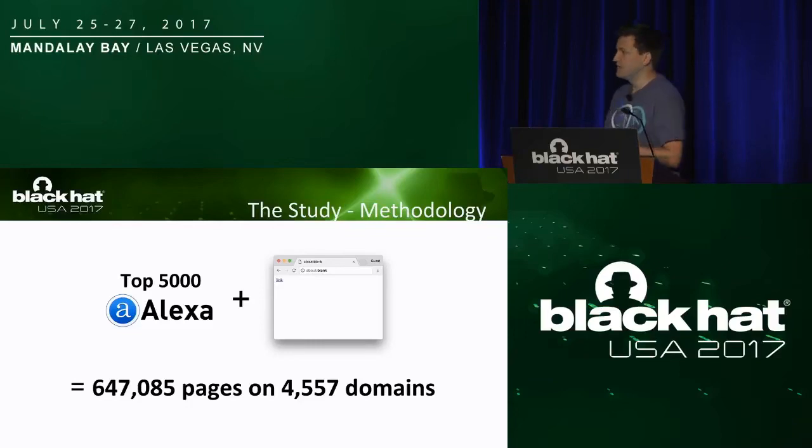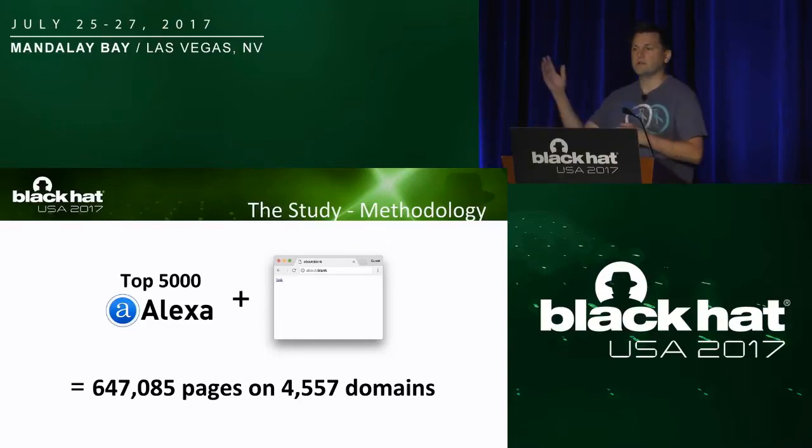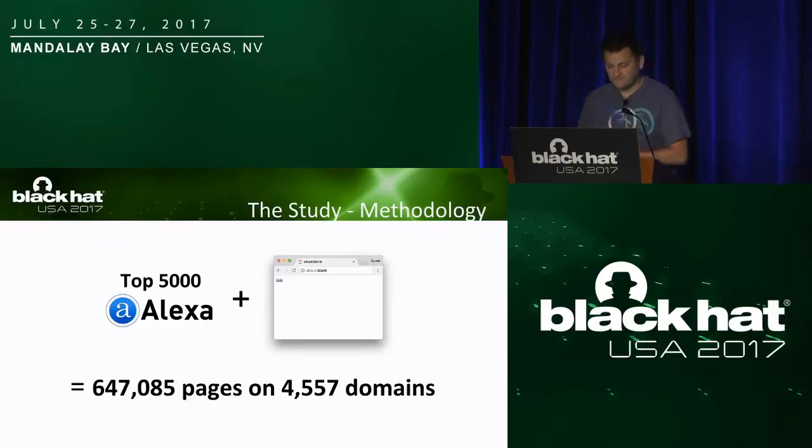In total, we crawled about 650,000 URLs on about 4,500 domains. It's only 4,500 because in the Alexa top 5,000 websites, a lot of sites redirect. For example, all the Google top level domains like google.de, google.fr and so on all redirect to google.com. So in the end, the data set is a bit smaller.